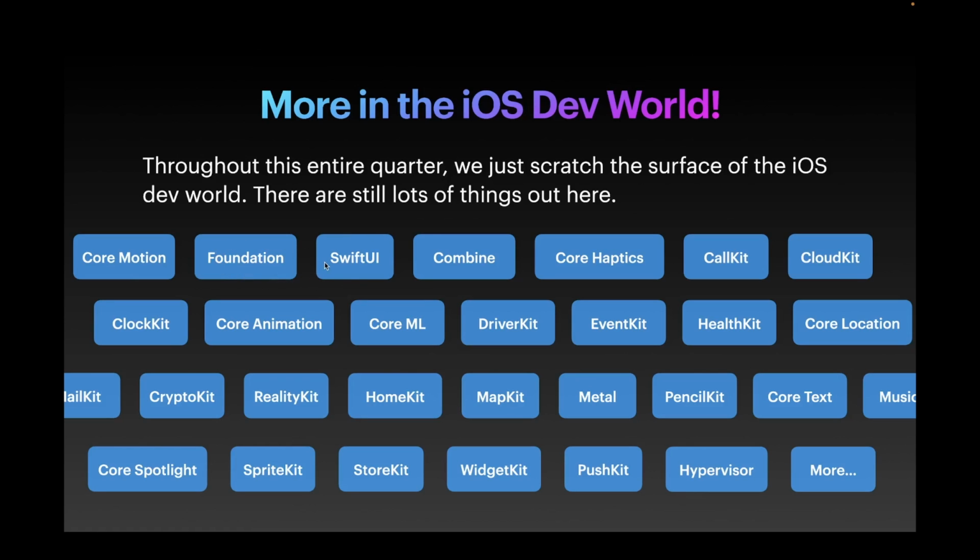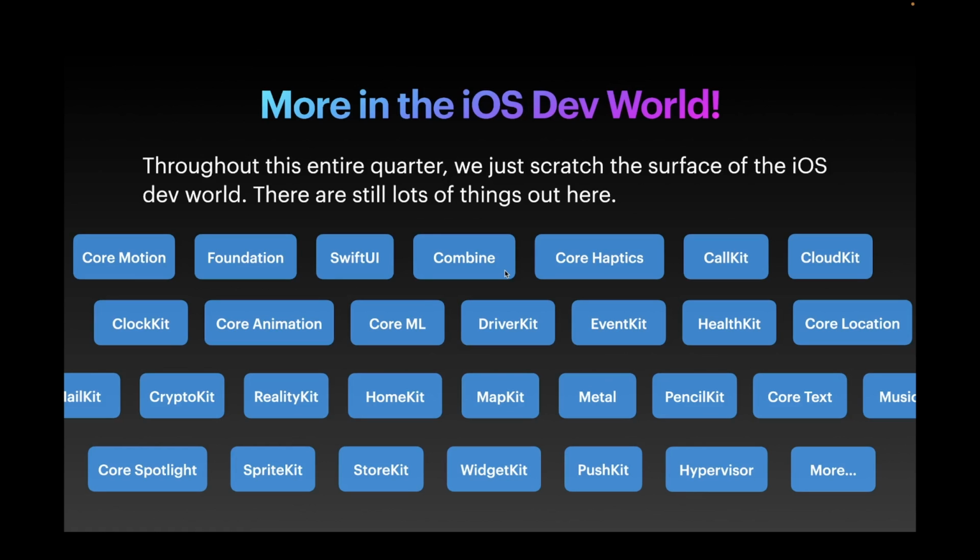Okay, and also there are tons of other things in the iOS world. For example, Core Motion. The Combine framework is kind of an important framework, and this is kind of a cornerstone for the SwiftUI framework.